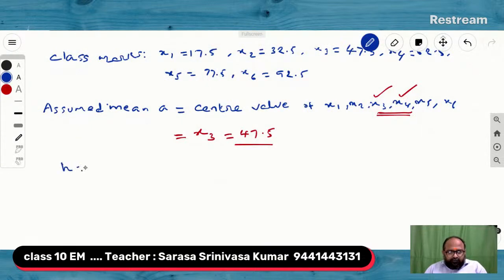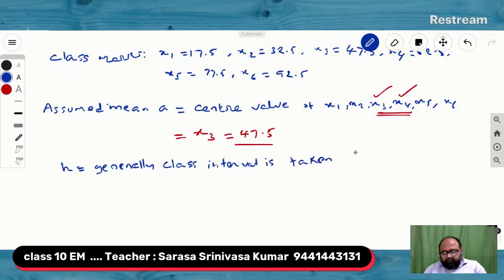H is generally taken as the class interval, but it is not compulsory to take the class interval only.